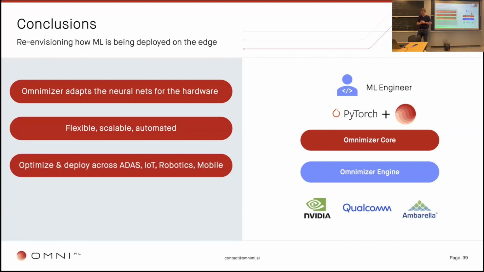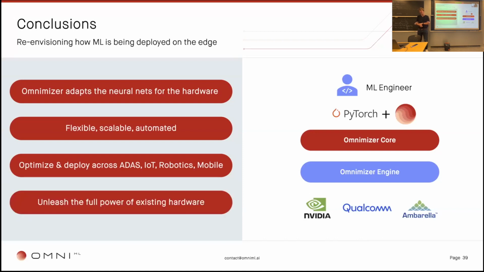Asterisks there. We already explored this in a lot of different contexts. I showed you some of the use cases. We have customers in autonomous driving, in the IoT, robotics, mobile space. And it really comes down to how do you make it easy enough for people to maximize hardware performance?